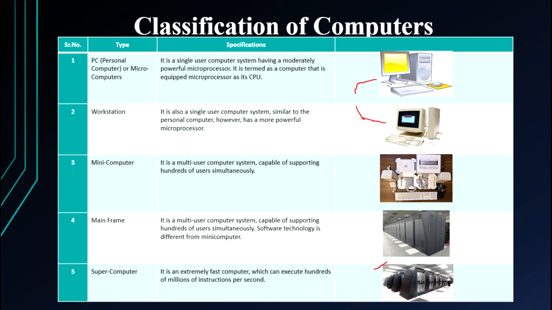Next is our supercomputer, which is an extremely fast computer that can execute hundreds of millions of instructions per second. Basically, this type of computer is used by NASA to transmit data from Earth to our astronauts. So those are our classifications of computers.